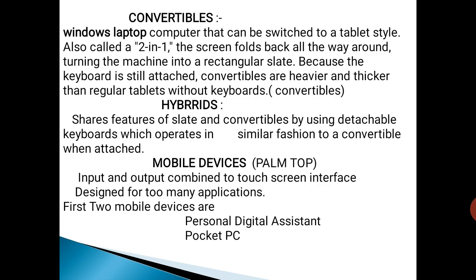Because the keyboard is still attached, convertibles are heavier and thicker than regular tablets without keyboards. And the next type are hybrids. It shares the features of slate and convertibles, by using a detachable keyboard. So keyboards are detachable, which operate in similar fashion to a convertible when attached.